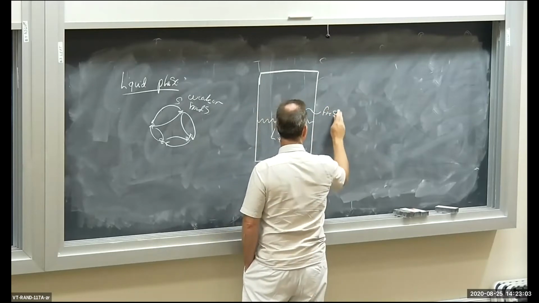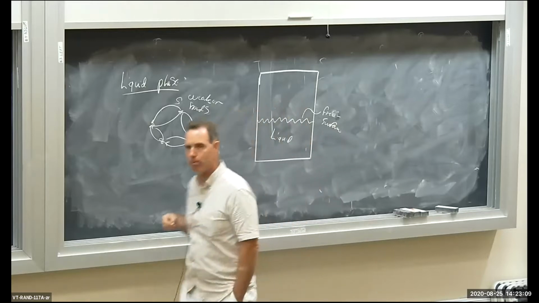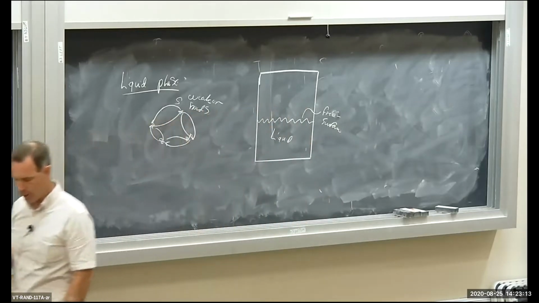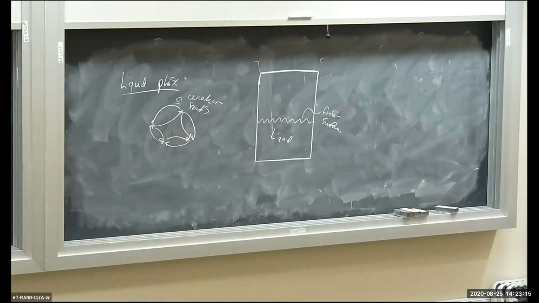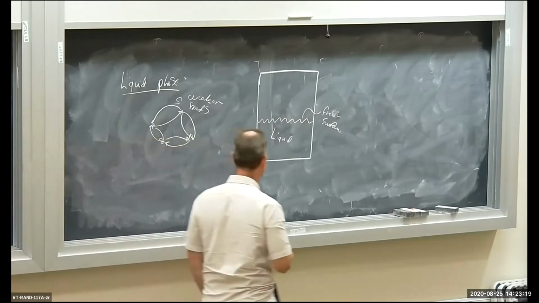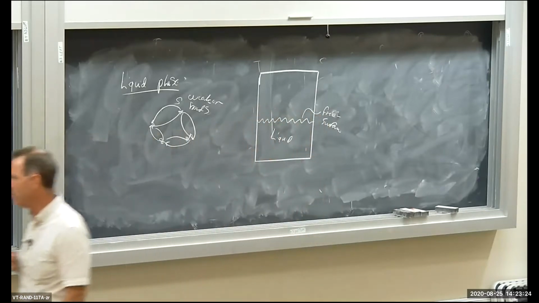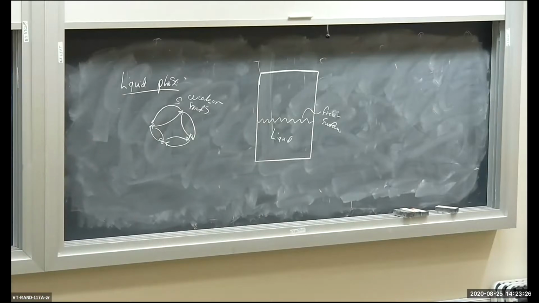Free surface, that's a boundary or a barrier between the liquid and everything else, okay? So it forms a free surface. That's how a liquid behaves. It conforms to the boundary of a container, but forms a free surface.